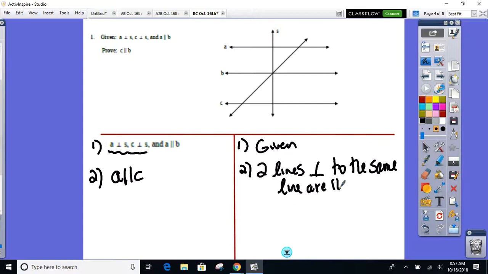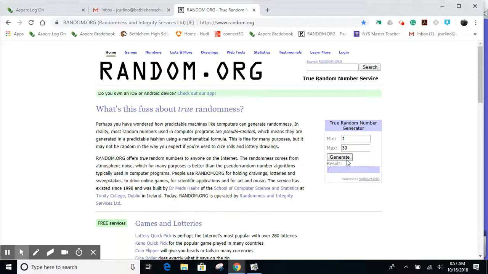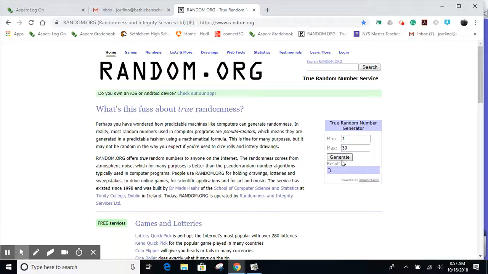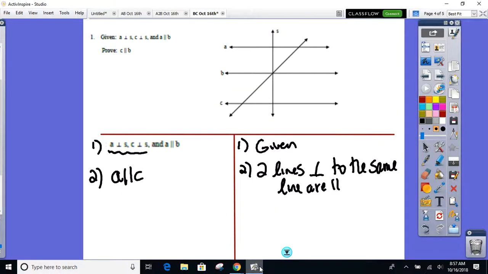Okay. Everybody good? A parallel to C. From day one, what did I tell you about your givens? We'll use all of them, correct? What's the only one I haven't used yet? A parallel to B, and what did we just write down? A parallel to C. Let's put those two together, and our first theorem I gave you today: two lines parallel to the same line are parallel.